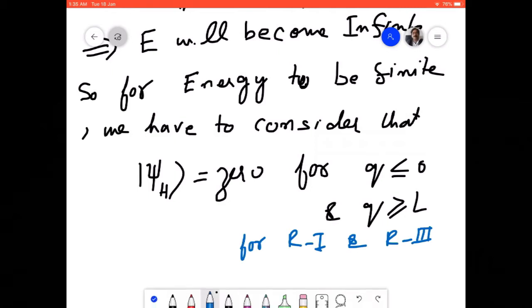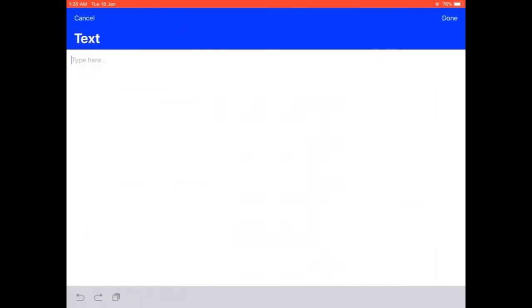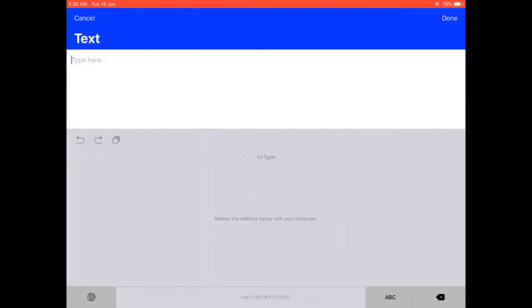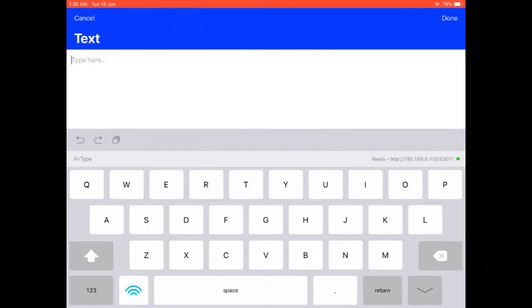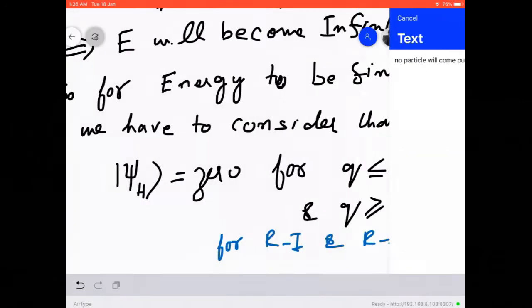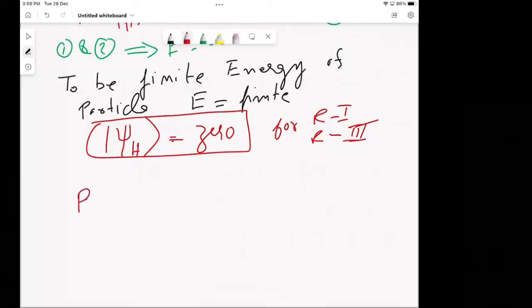From the potential well, what will be the probability of psi?